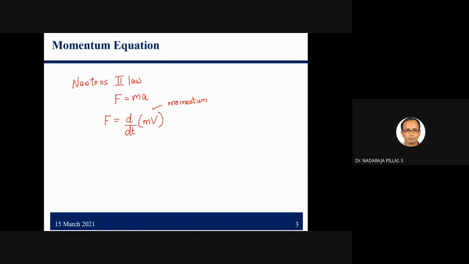What is the physical principle behind this? The force is equal to the time rate of change of momentum. That is what I said. Force is equal to time rate of change of momentum.